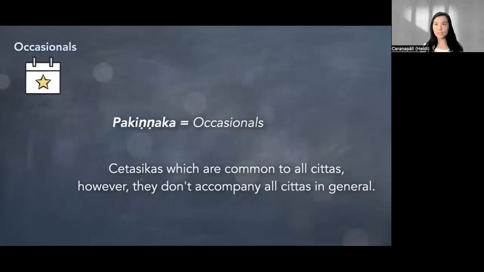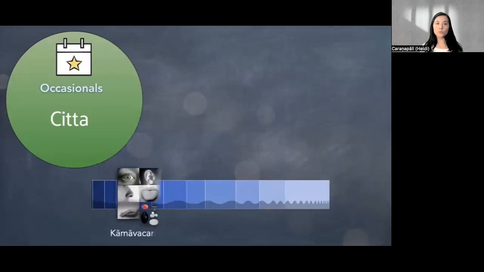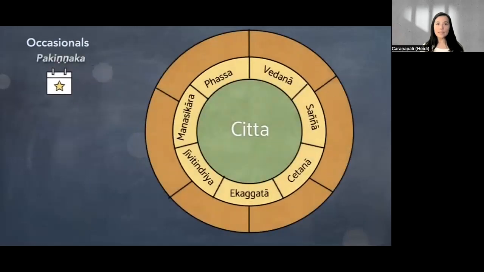So depending on the occasion and the type of chittas, sometimes they are there, sometimes they are not there. Since they are also ethically variable, Anya Samana also, they can be with Kamavachara, Rupavachara, Arupavachara, and even Lokuttara chittas.